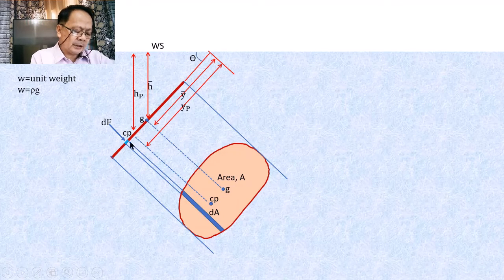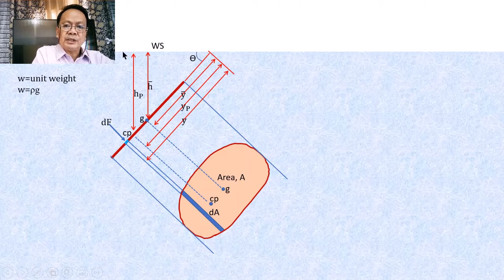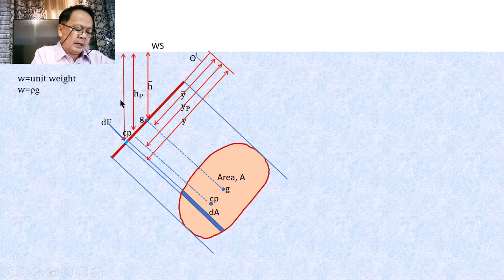So tawagin natin na ang distance itong differential area as measured along the axis towards the liquid surface shall be called as Y, or its distance vertically from the liquid surface, pwede rin siya tawagin, okay, H. At makikita natin na itong bar H, bar Y, H sub P, Y sub P, H at saka Y ay mayroong relationship.